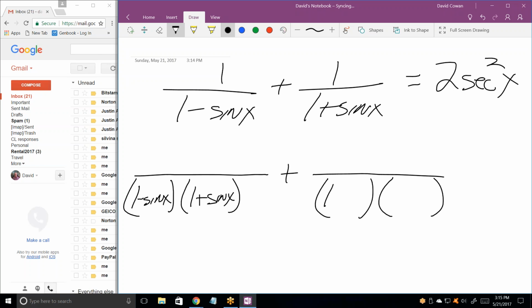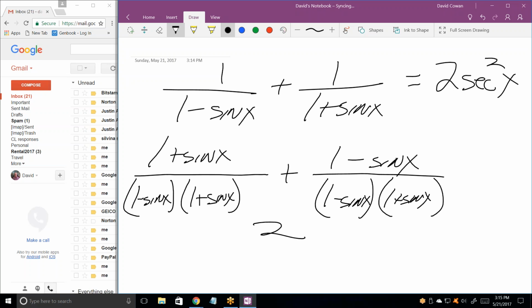Now, what's the numerator in the top left? 1 plus sine of x. And in the top right? 1 minus sine of x. What's the top become? 2. What's the bottom become?